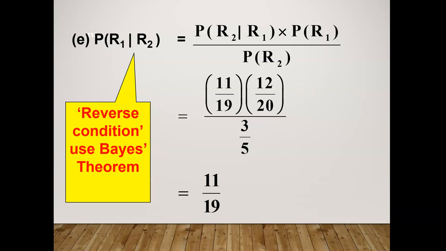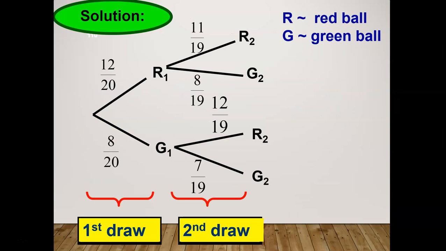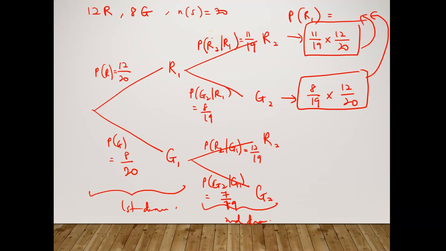And then the first one is red if the second is red. Okay, this is where we apply that Bayes theorem, because from your tree diagram, we have R2, G2, R2, G2, number 2 in front and given by event number 1 tu kan.